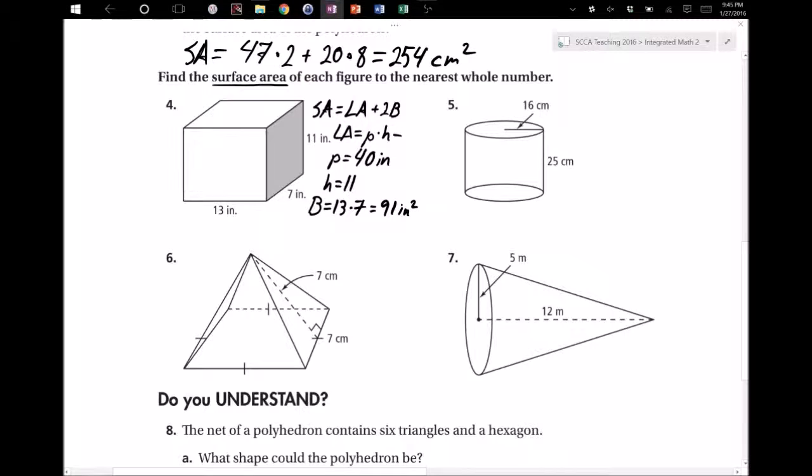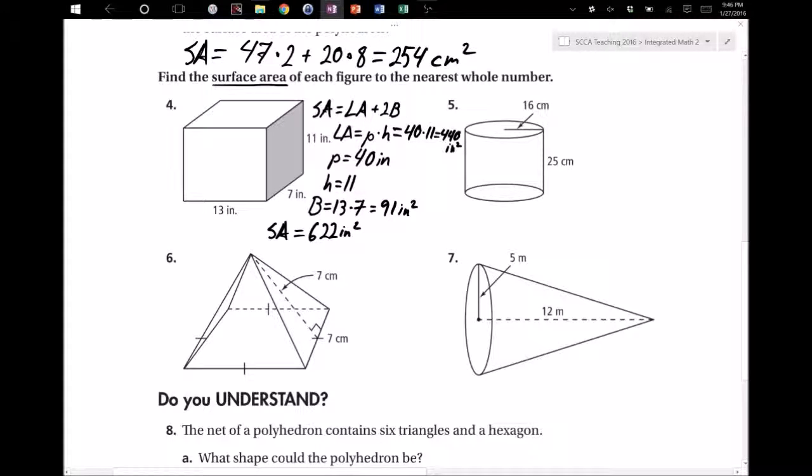Our lateral area is 40 times 11, which is 440 inches squared. So our overall surface area for number 4, this prism, is 622 inches squared.